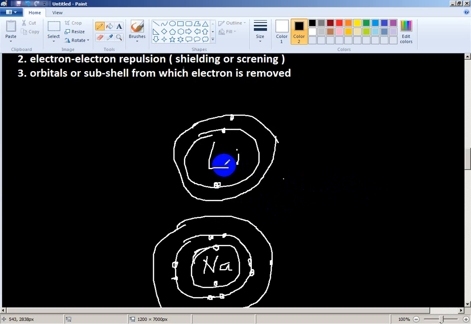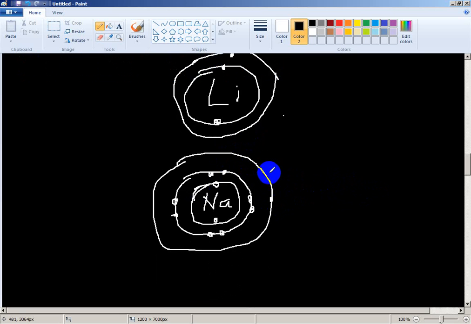Here there is less shielding effect, so attraction is more. I am explaining again: the inner shell contains electrons, so electron repulsion increases. Repulsion increases, so attraction between the positive nucleus and the electron decreases.